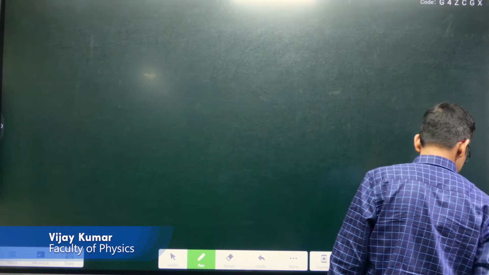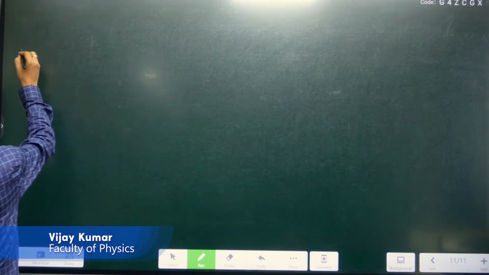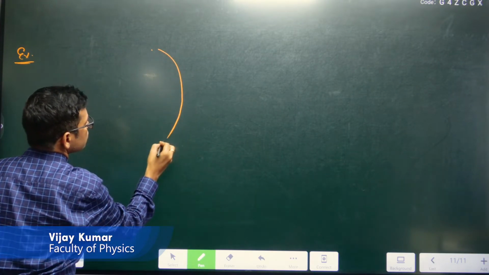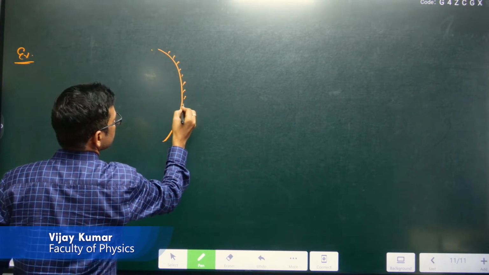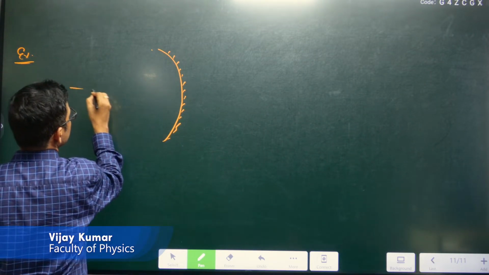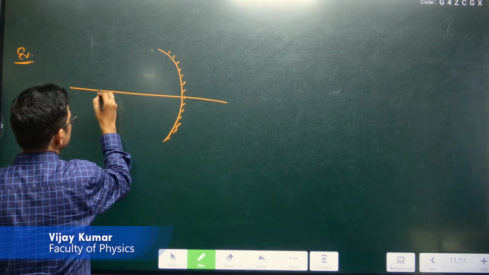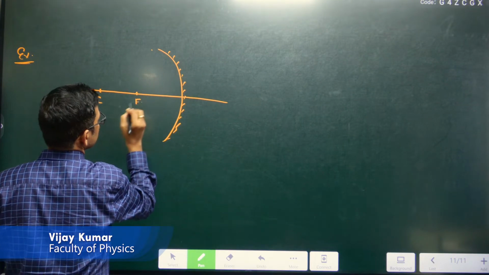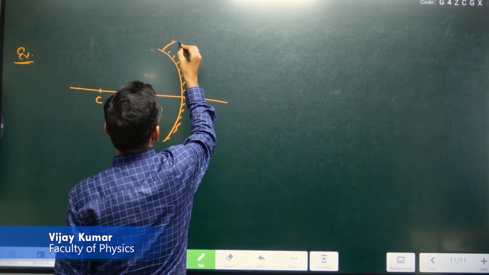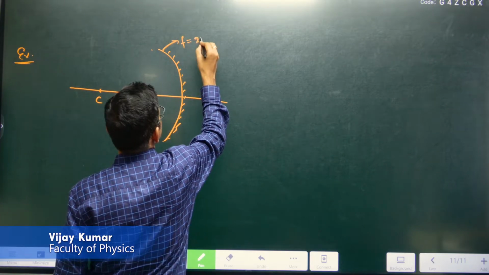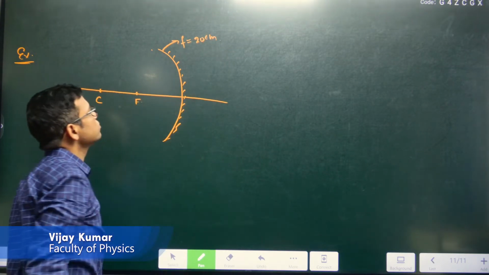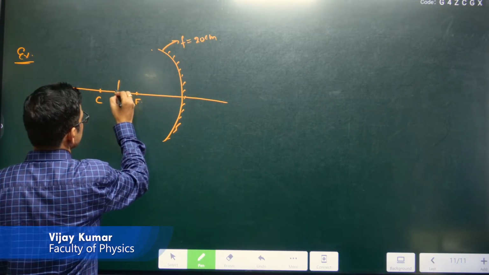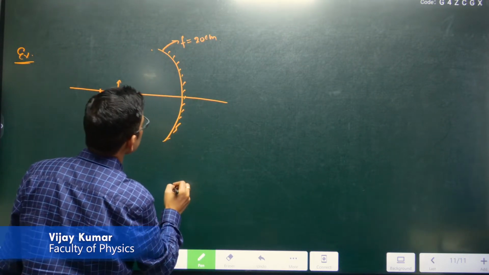So now we will solve one problem. Suppose this is your mirror. This is the center of curvature and this is the focus. Suppose the focal length is given as 20 centimeter, and the object is placed at this position, 30 centimeter.